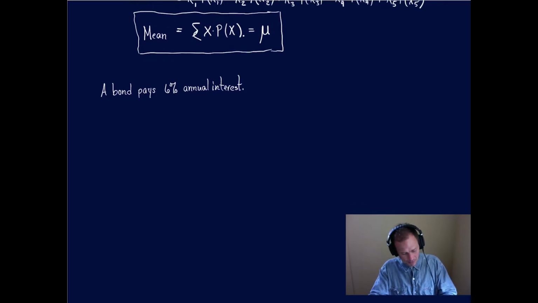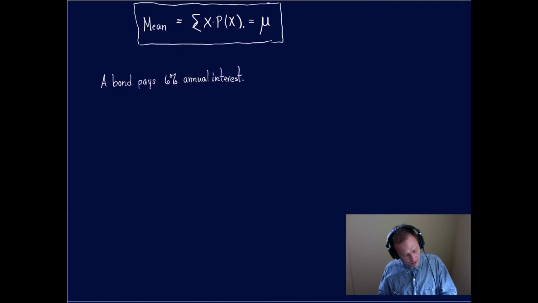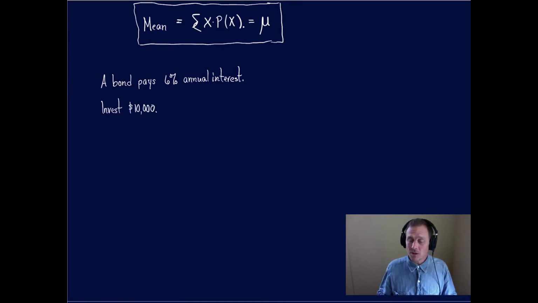Invest $10,000. I know that's a lot of money, but let's just imagine that we had it and we wanted to invest it. If you could get 6% annual interest at the time of this recording, it would be worth considering. Now, there's always a problem whenever you make an investment, and that is your investment might not pay off.